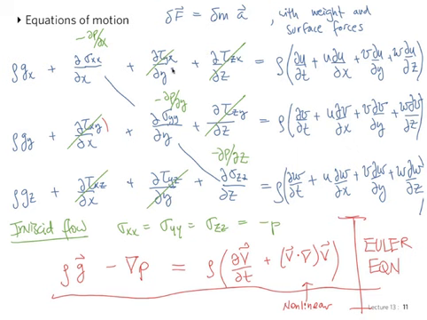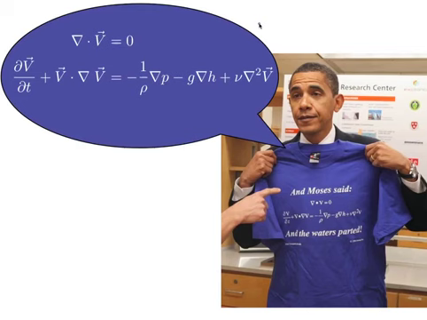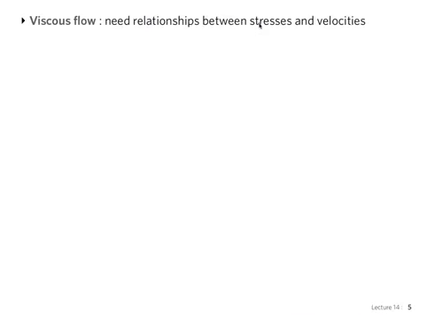The vector momentum equation contributes 3 scalar equations, plus the continuity equation, that's 4. And we just have too many unknowns. So what we need to be able to get to this form is some relationships between the stresses and velocities. So in the original equation, let me just repeat this.